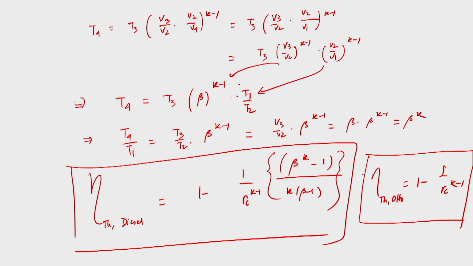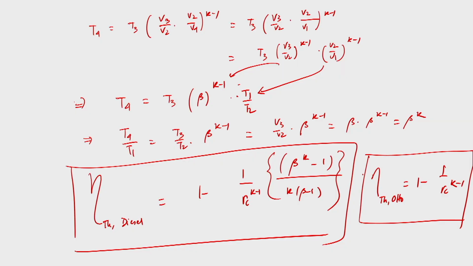But since compression ignition engines, rather diesel engines, normally have a higher compression ratio, the efficiency of the diesel cycle would be higher than the Otto cycle.